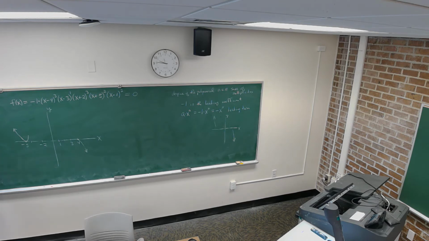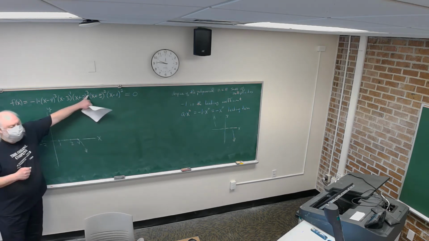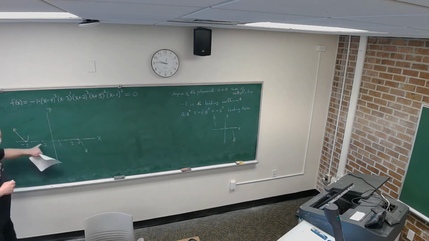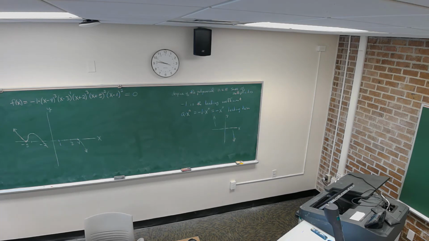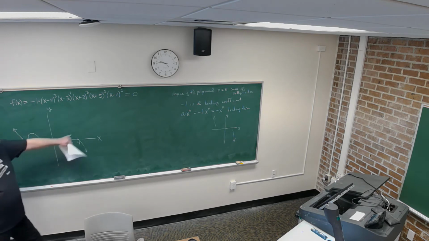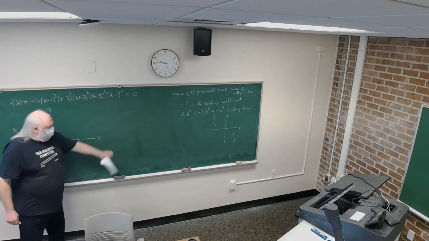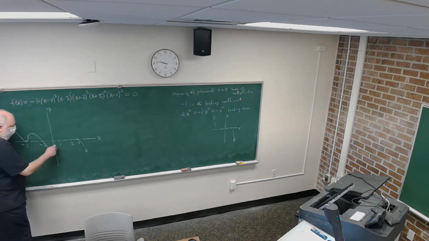At x equals minus 2, the multiplicity is odd, and so we know the graph is going to cross the x-axis at minus 2. So it has to come up, form a turning point, and then come back down and cross the x-axis at minus 2. At x equals 1, the multiplicity is even. So we know the graph touches the x-axis at x equals 1, but it doesn't cross it.